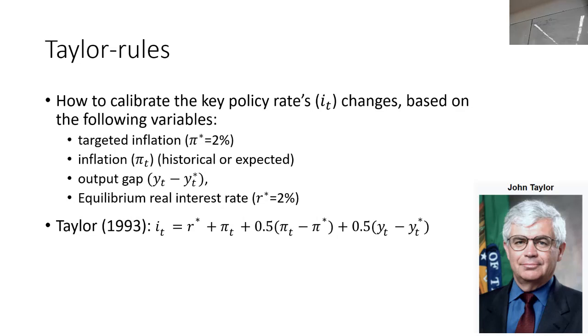Nowadays, we have inflation expectations, so we have forward-looking models. The problem is that in this case we have to somehow model this inflation expectation, so it's less reliable than the backward-looking model. And of course, we have the output gap: the potential output and the output itself.